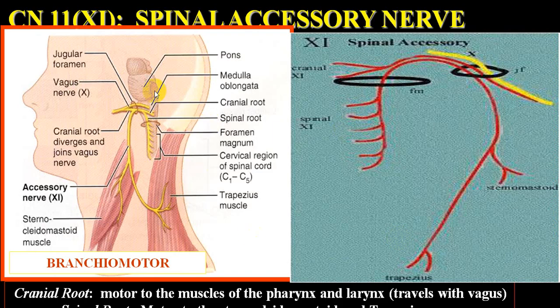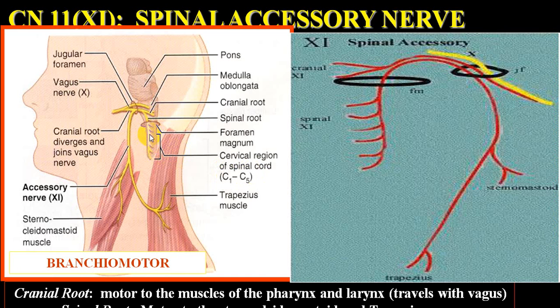Now if you see here, this particular spinal accessory nerve comes out from medulla. We have got two roots, one we call a cranial root and one we call a spinal root. Now cranial root comes out from medulla. As it comes out, it joins with the spinal nerve root, and that spinal root is coming from the cervical segment, that is C1 to C5.